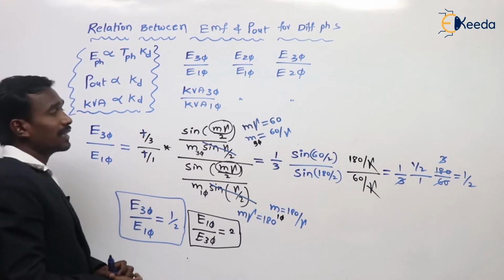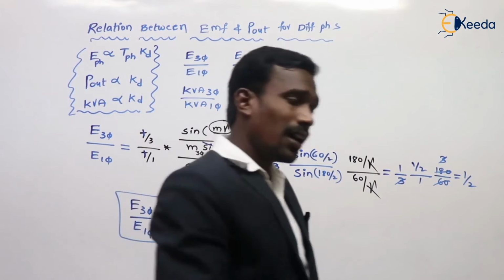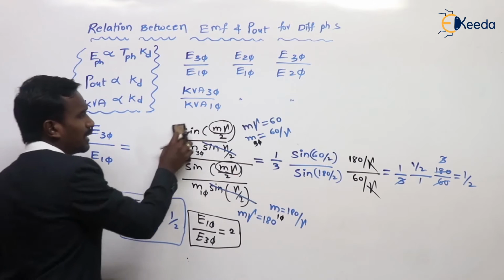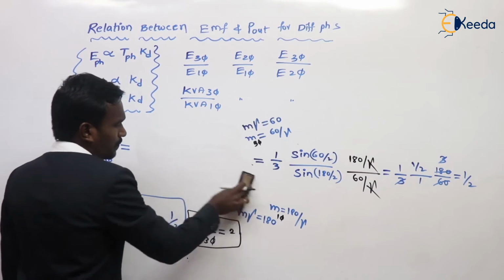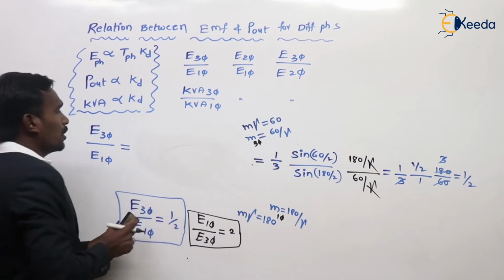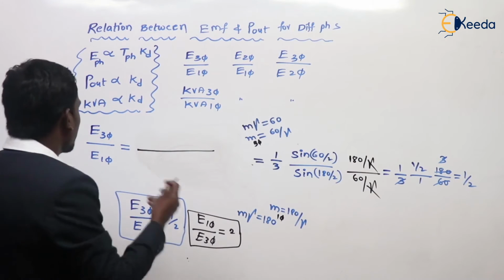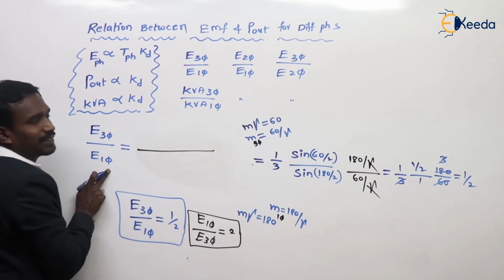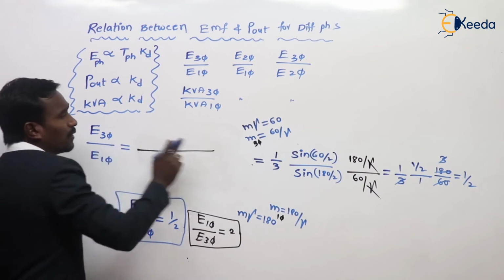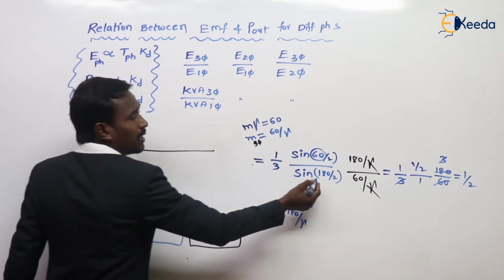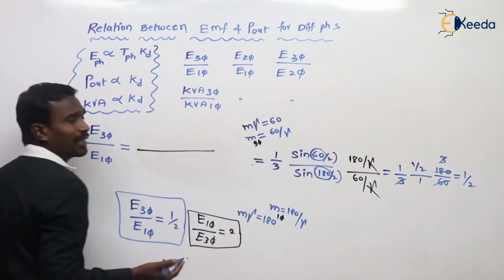But we can get the answer directly. How can we get the answer directly? You should remember this. For E three phase to E single phase, first of all, for three phase you should know mγ, and for single phase you should know mγ.